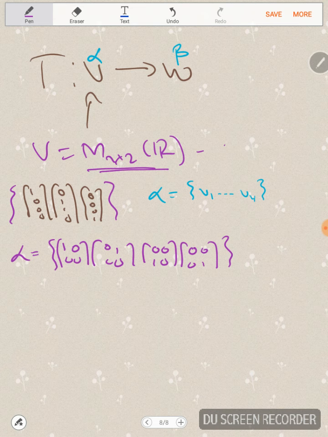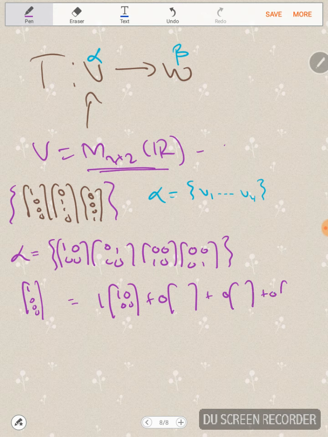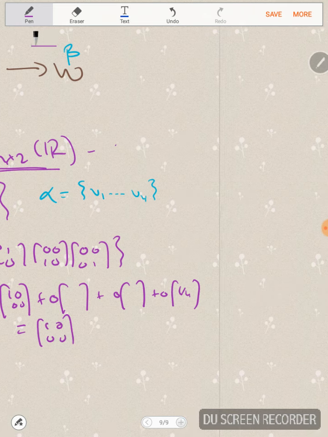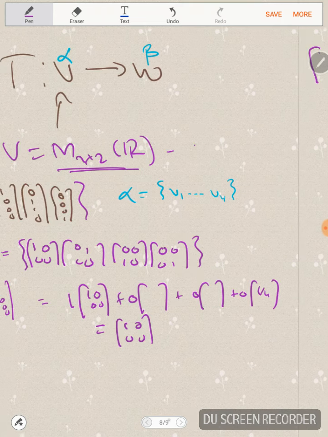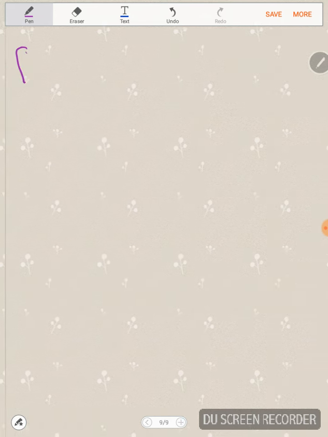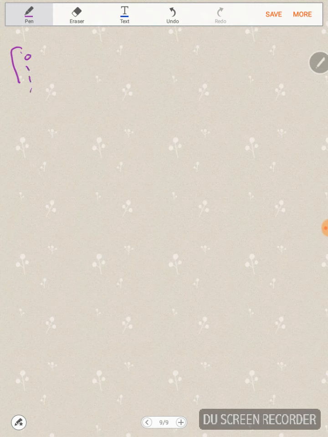So we have to write this out in terms of that. I'm going to take this 1 0 0 0 and write it out. It's going to be 1 V1, which is 1 0 0 0, plus 0 V2 plus 0 V3 plus 0 V4. It just equals back to 1 0 0 0. And you do the same with the next one, 0 1 1 0.